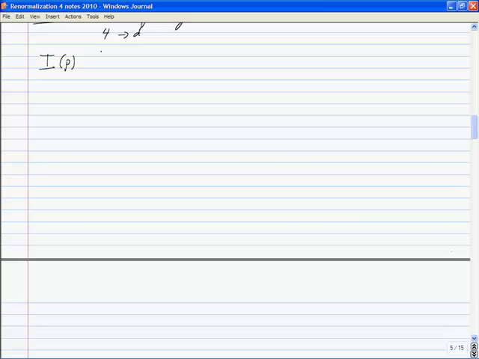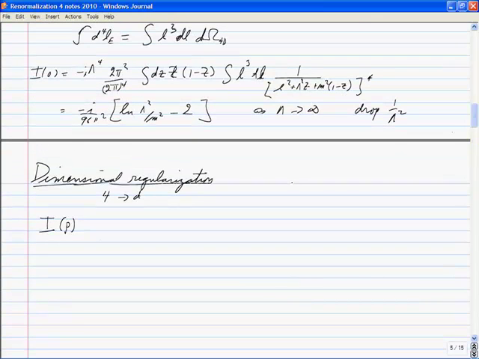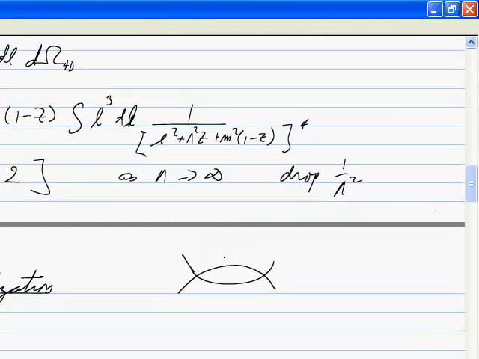I'm going to do I of p. It's the same integral that we're doing in this type of problem here, where this is the momentum L, and here's L plus P. Actually, I'll make it L minus P. So one side has loop momentum L, the other side is L minus P.